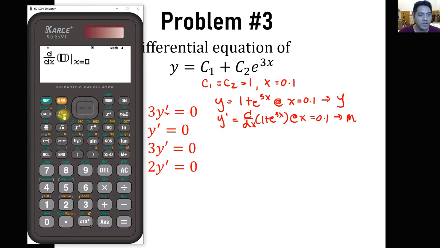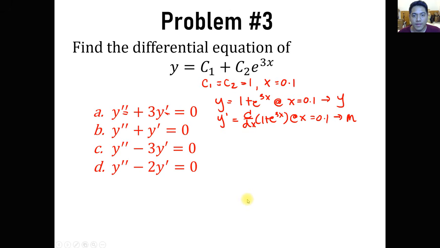So again, we try 1 plus alpha e raised to 3x. Then we have 0.1. So we have shift store, m. So we have stored that already to m. Storing that to our m would give us 4.049576423. Just recalling our m.